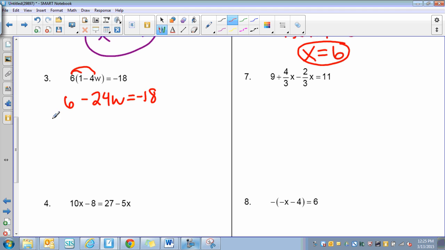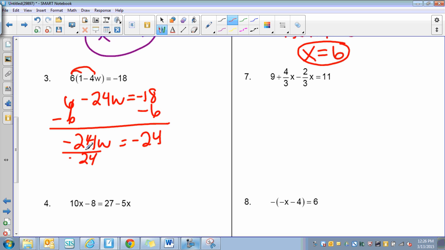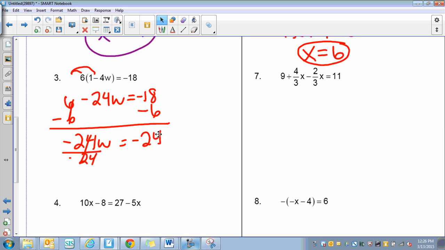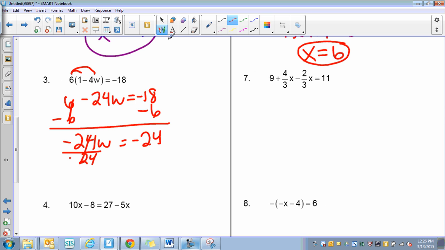Alright, then we have to subtract 6 from both sides, and we're left with negative 24w is equal to negative 24. Divide by negative 24. And we get that w equals 1.